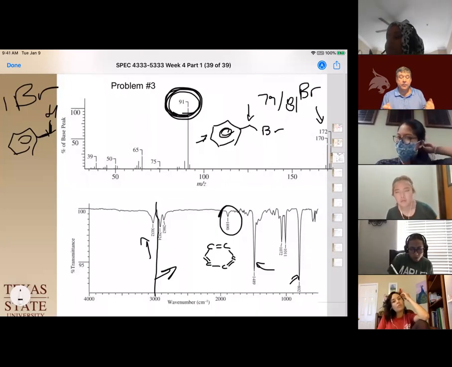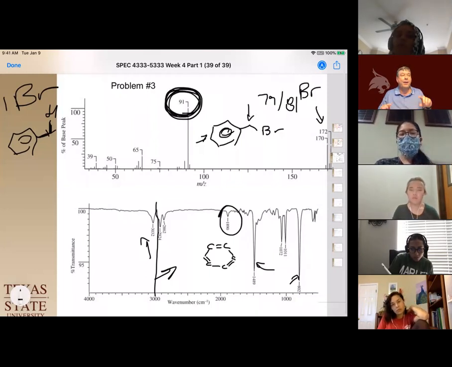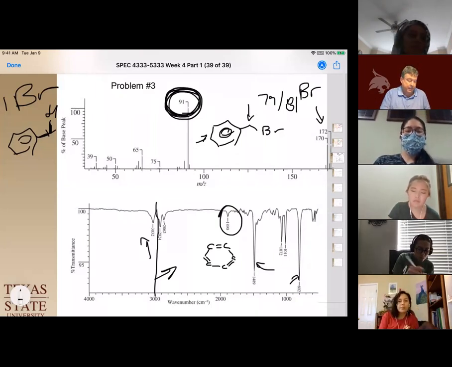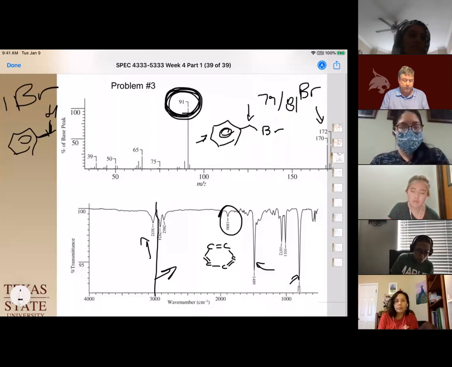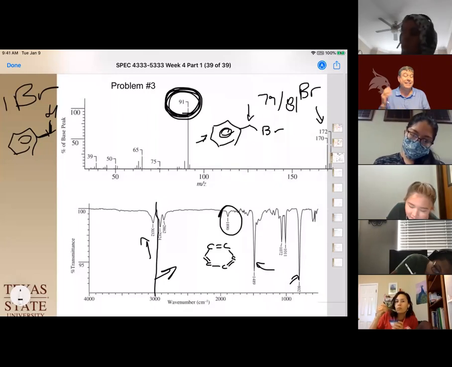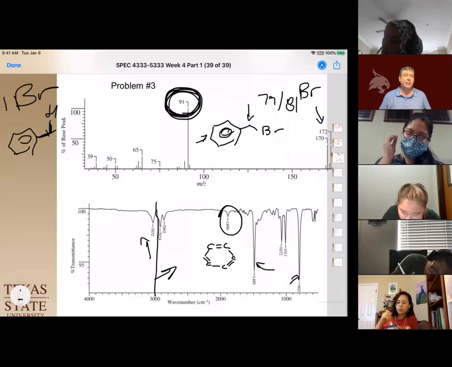And to be sure, we can actually go with our 91 and calculate our hydrogen deficiency index and see if we have it right. So just to double check that, I'll do the math real quick in my head. 91 divided by 13 is going to equal 7 carbons exactly. So it's 7 carbons and 7 hydrogens. That's 91.